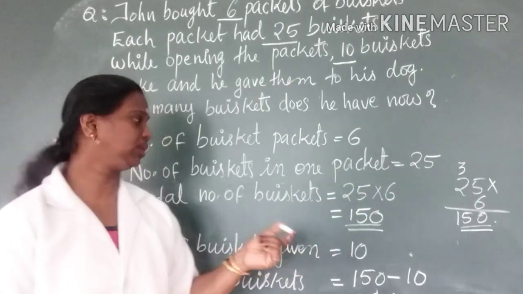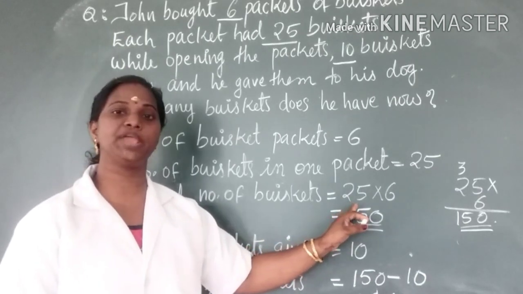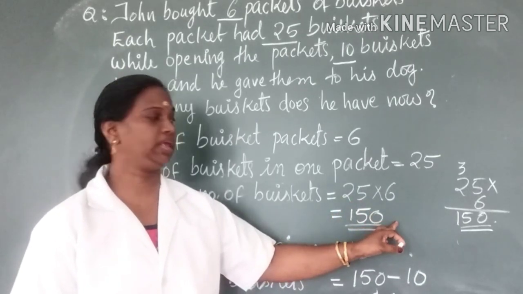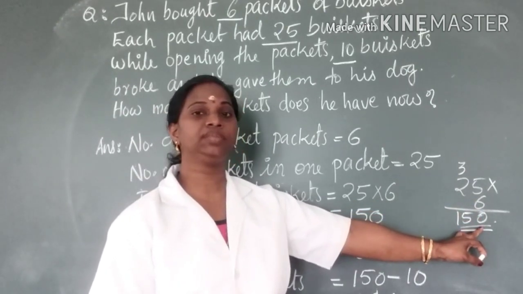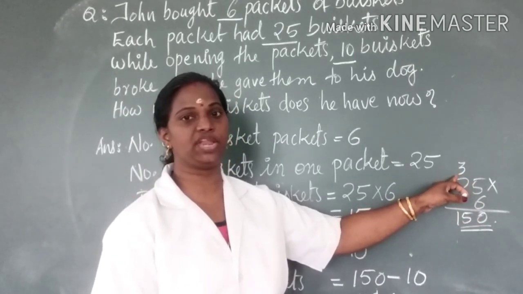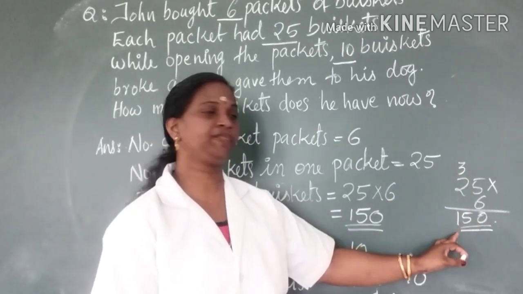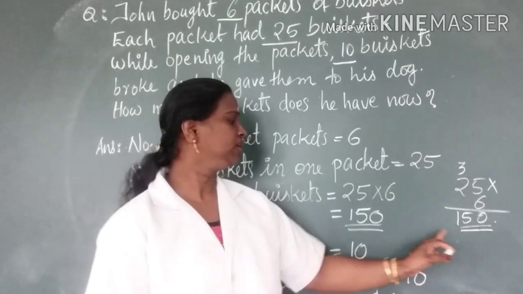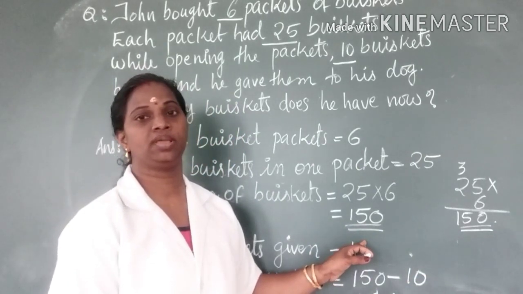Then we can find the total number of biscuits. That is 25 into 6. Clear? Here 5 into 6, 30. For 30, 0 is here, 3 carry over. Then 2 sixes are 12. 12 plus 3, 15. So total number of biscuits is equal to 150.